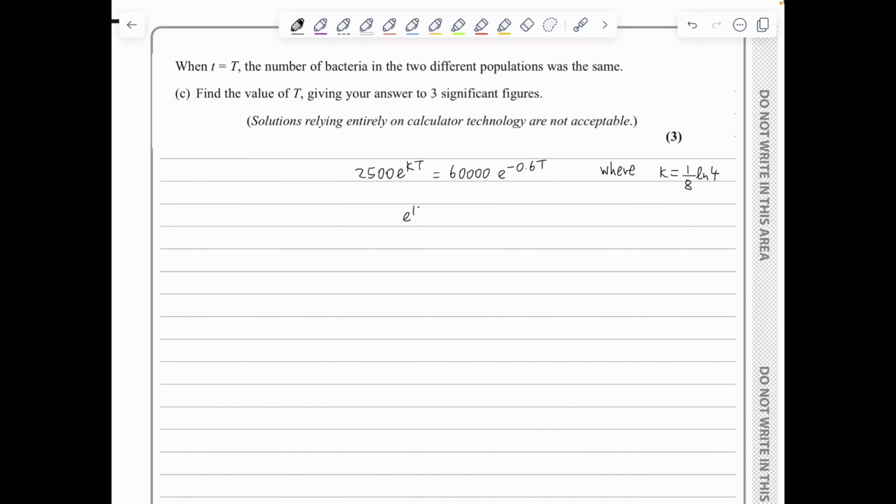So we've got e to the kT over e to the minus 0.6 T is equal to 60,000 over 2,500, and this leads to e to the kT plus 0.6 T is equal to 24. I will take a ln of both sides to arrive at kT plus 0.6 T is equal to ln of 24.